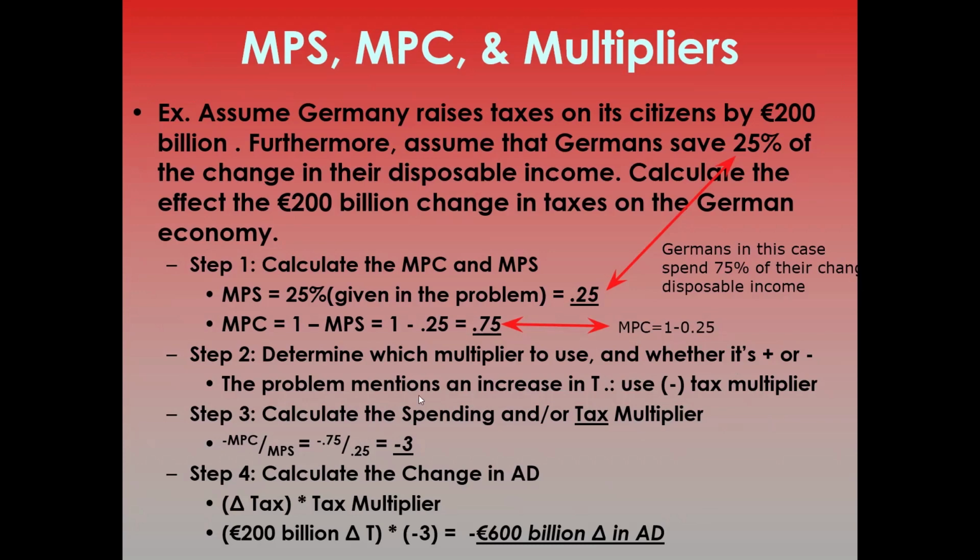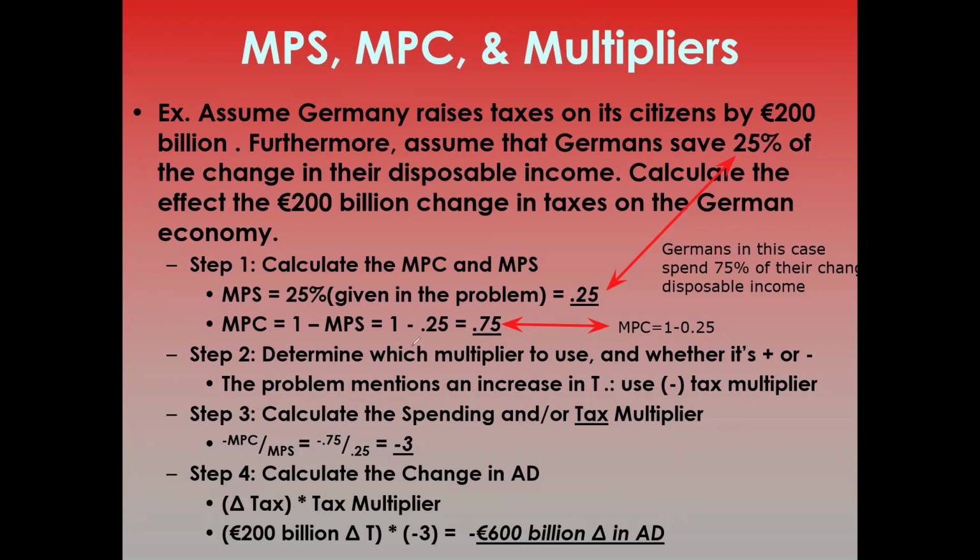So they would do the negative MPC divided by MPS, and that would be negative 0.75 divided by 0.25, that'd be negative 3. So you would do the 200 billion euros times negative 3 equals negative 600 billion euros change in aggregate demand.